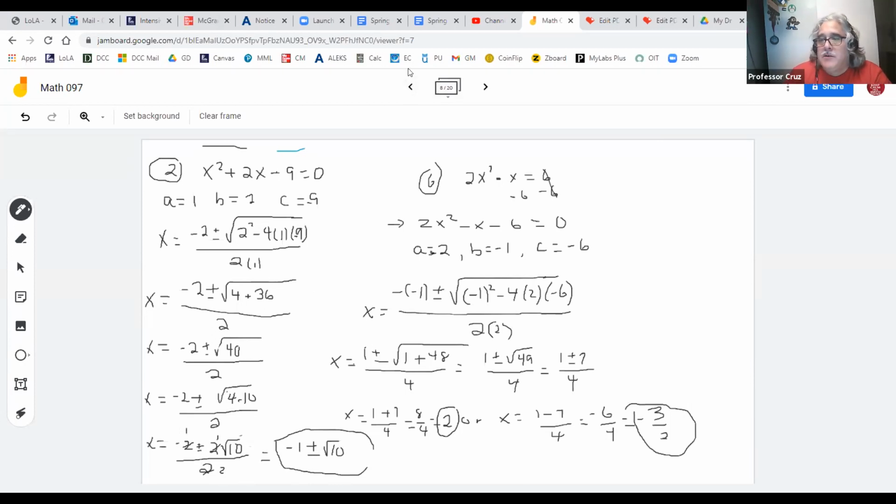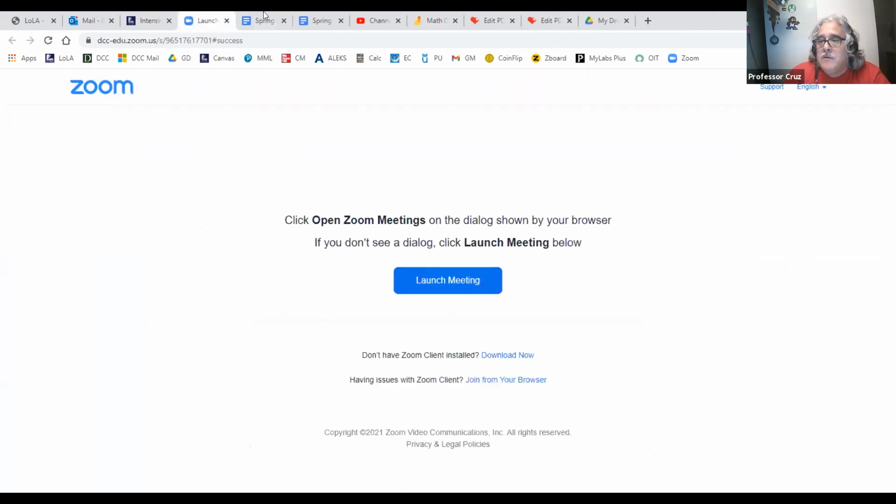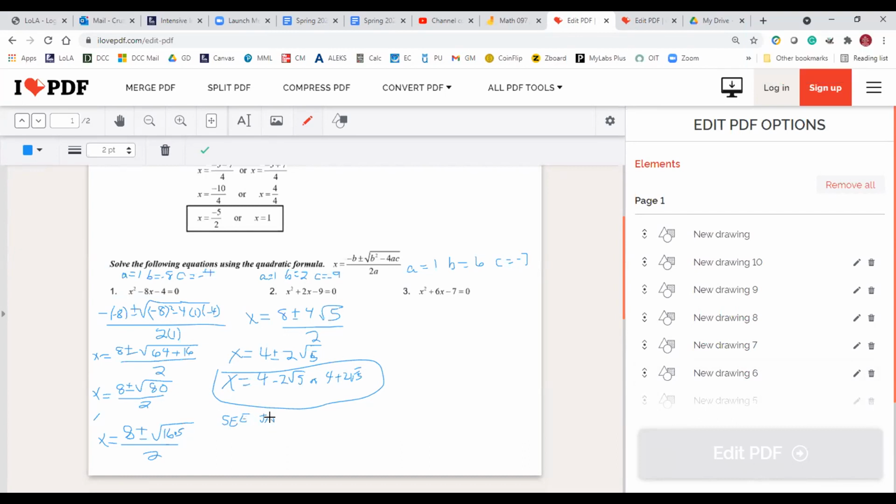All right, so let's go over here and give this one a try. Try this one. A is equal to 1, B is equal to 6, and C is equal to negative 7. I think I have the answers for it. I've got negative 5 and negative 1. Okay, let's see.